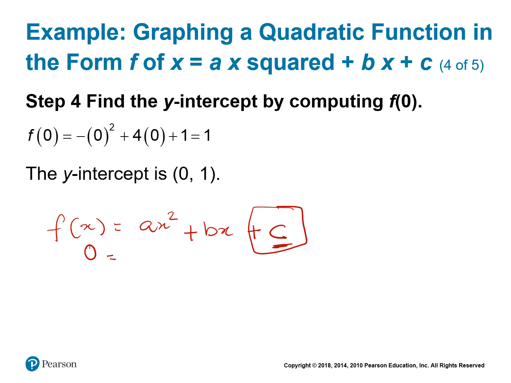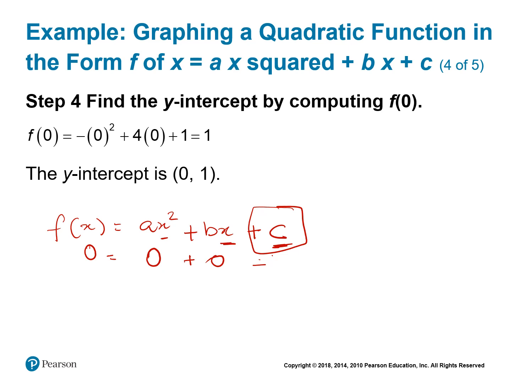Because if you plug in 0 into the x's in the first two terms, these will become 0, since any value multiplied by 0 is always going to be 0. So you will always be left with the last term, which is c, the constant term. There's no x variable visible in the last term of the quadratic function.